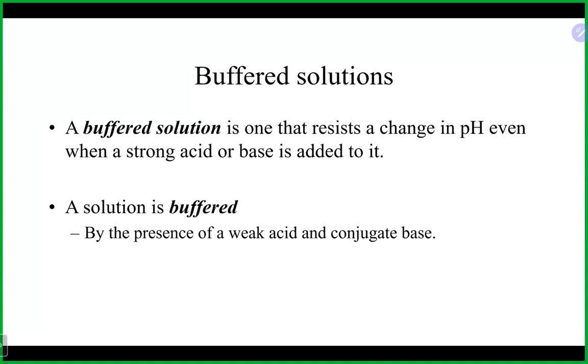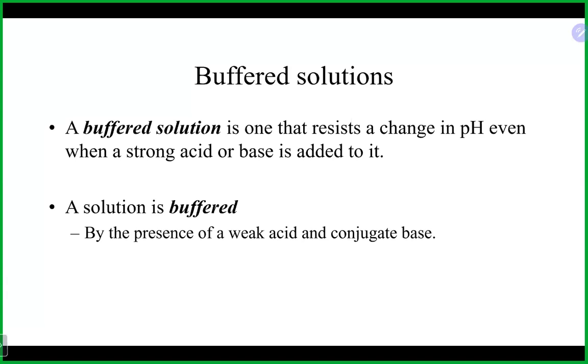So, for example, if your buffer was made at a pH of 4 and you added a little bit of acid to it, maybe the pH after is 3.95 or something like that. It will stay right around 4-ish. It will not go from a pH of 4 to a pH of 1. It's able to resist those really big drops.